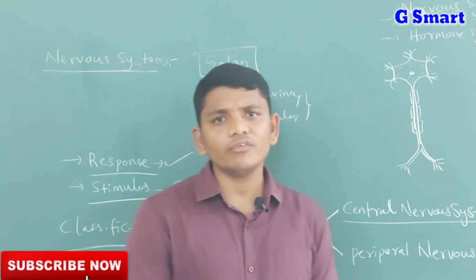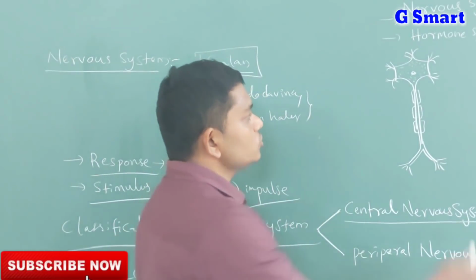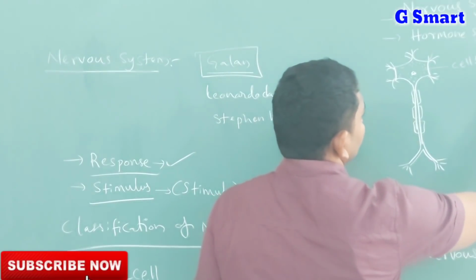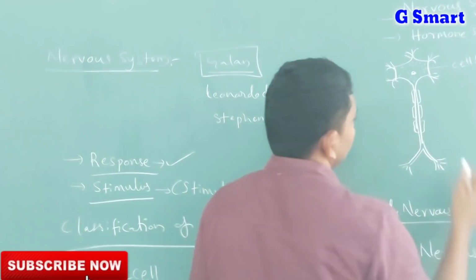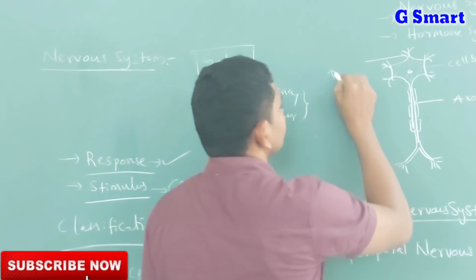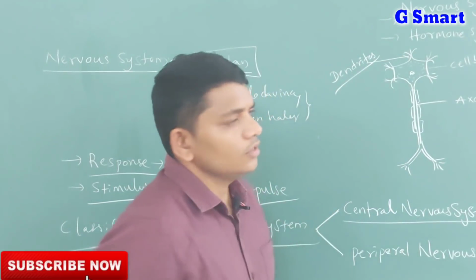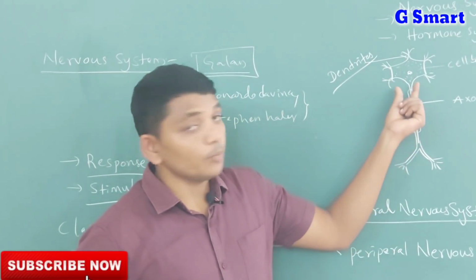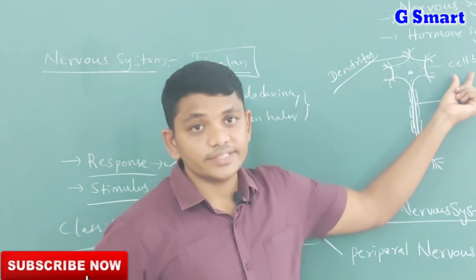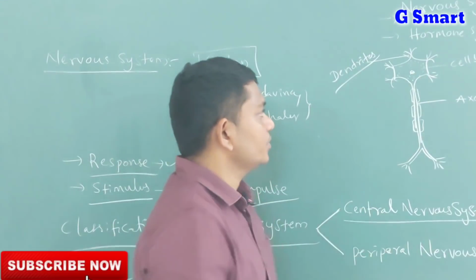In the nerve cell, we can find three important parts. First one is cell body or cyton, and axon and dendrites. So in the nerve cell there is an important part, a wider part. This wider part is called cell body. It consists of a prominent structure, the nucleus.